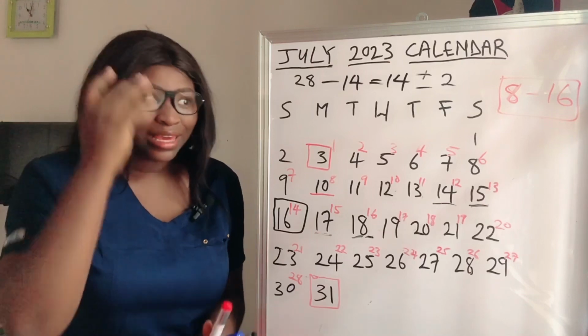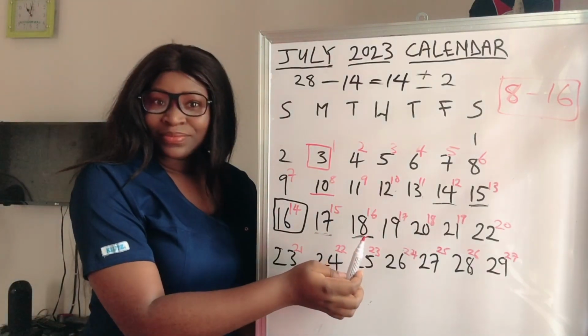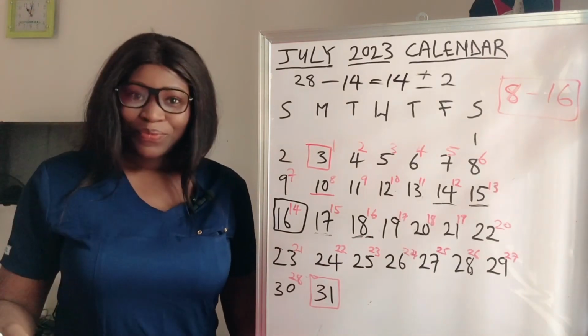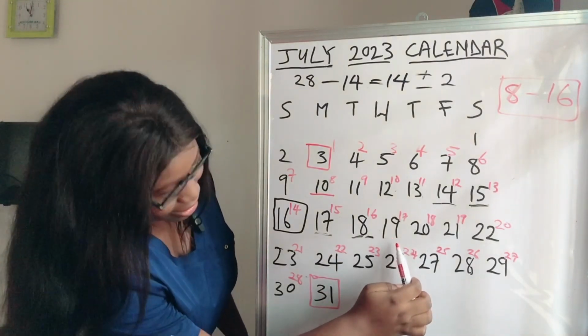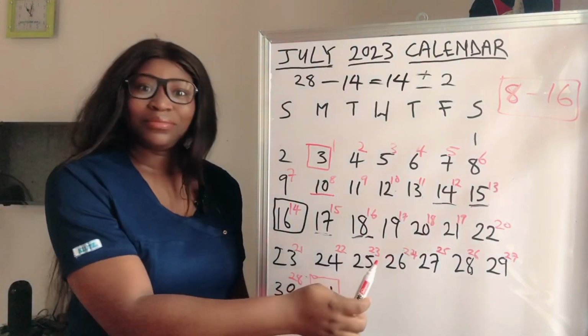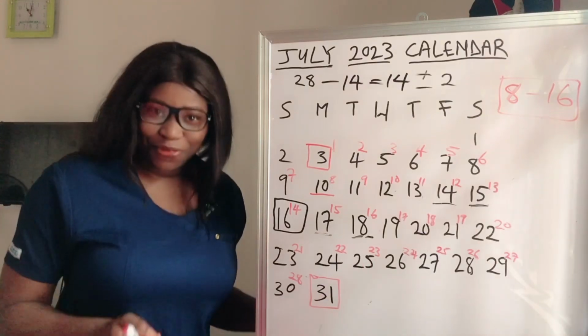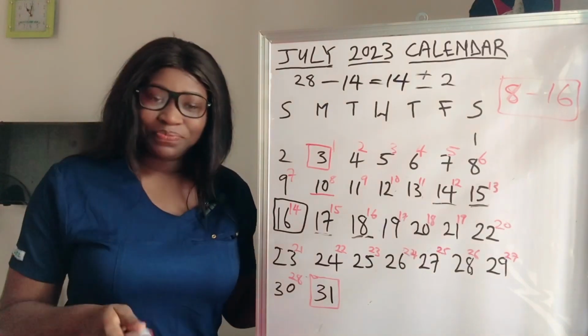So if the egg was released on day 16 and it lasts up to 12 to 24 hours, can't you see that if this man has sex on day 17, there are possibilities that the egg is still alive and sperm will still fertilize it?